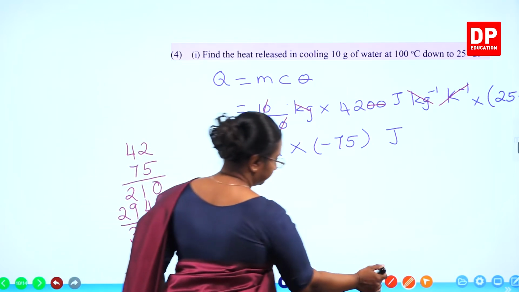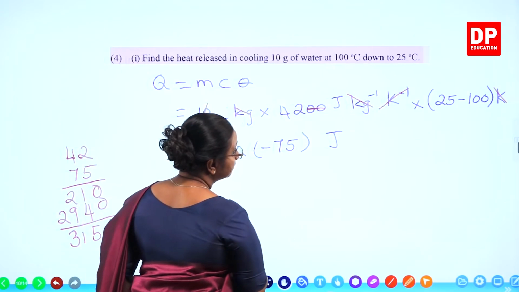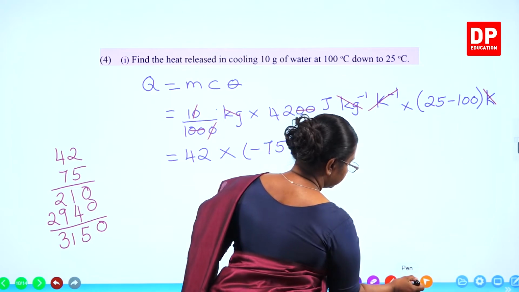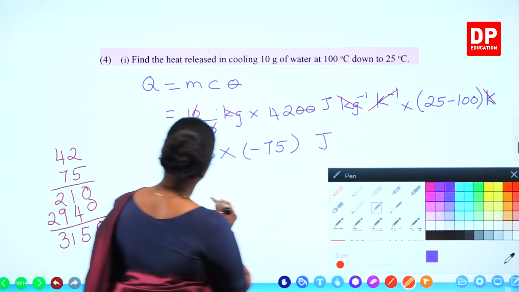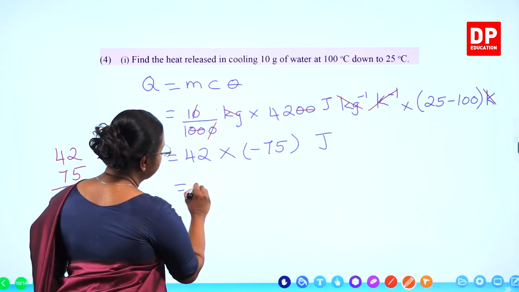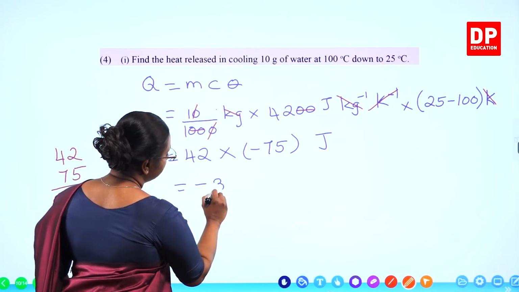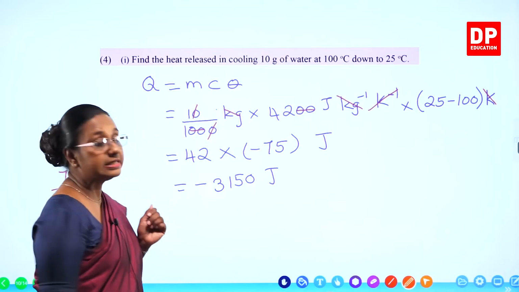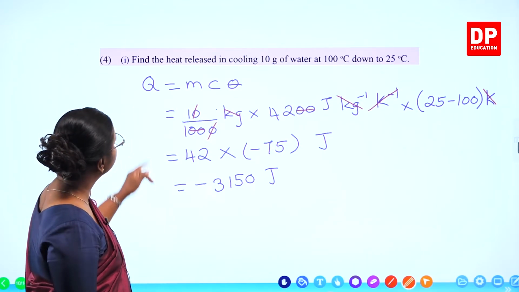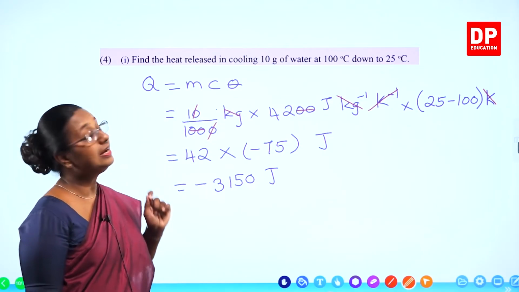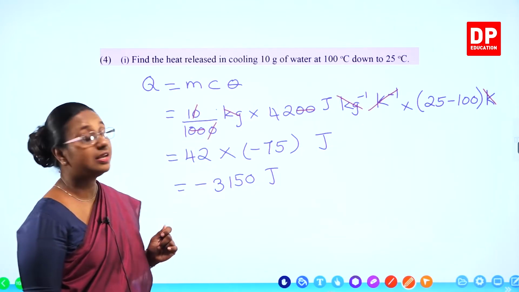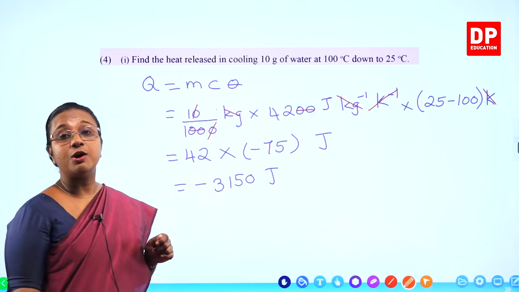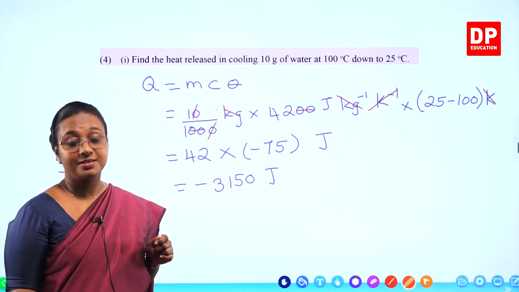So this is going to be minus 3150 joules. That is the amount of heat that will be released when 10 grams of water at 100 degrees Celsius cools down to 25 degrees Celsius.